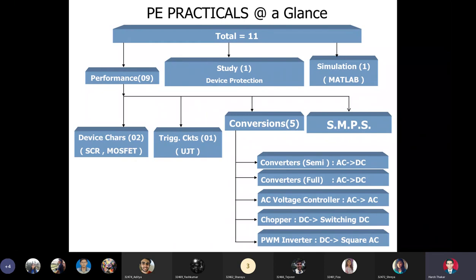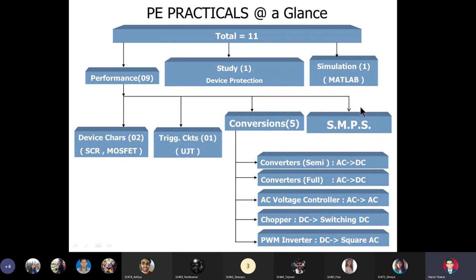So how we can perform load regulation analysis and line regulation analysis on the different supply voltages of the SMPS, that will become more clear when I actually show you the setup. And this SMPS kit we have not purchased from the vendor who supplied us kits for device characteristics and for conversions and also for triggering circuits.